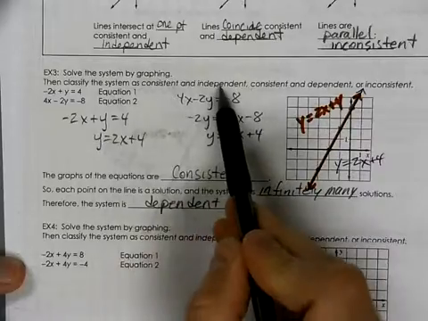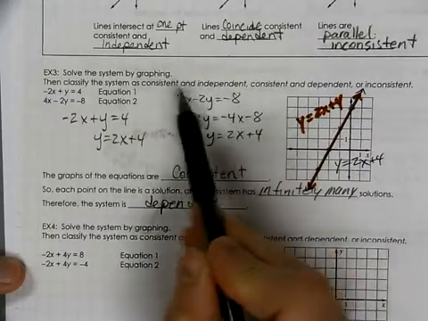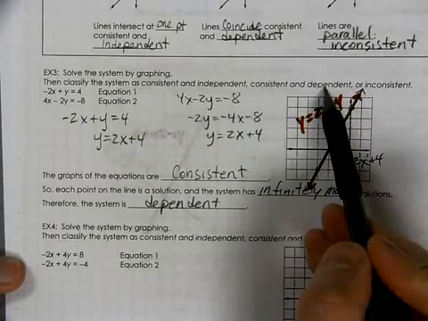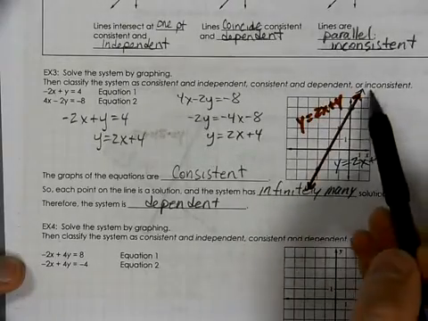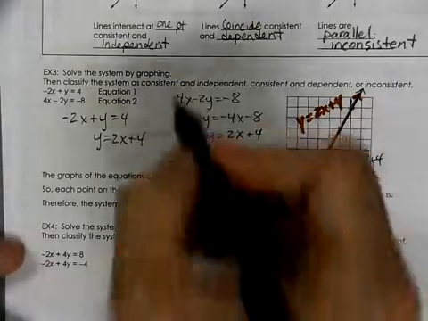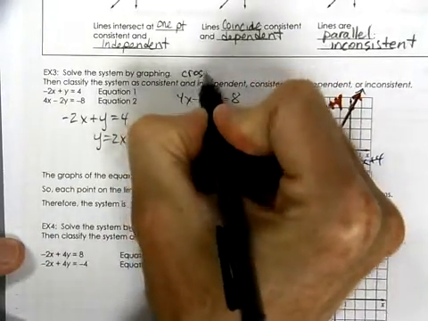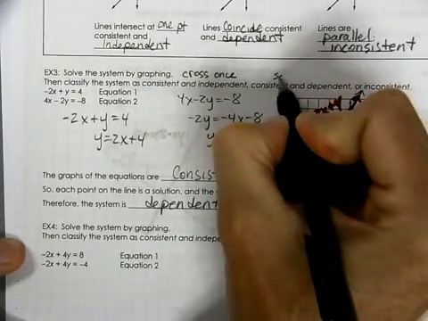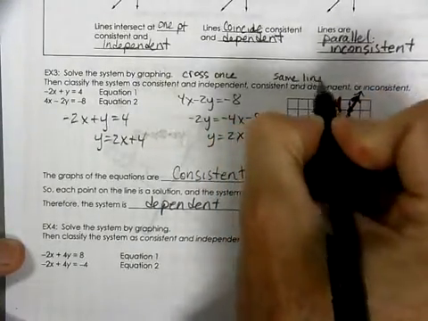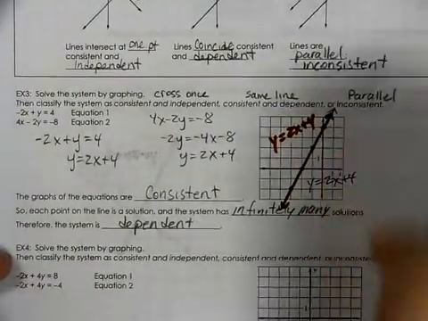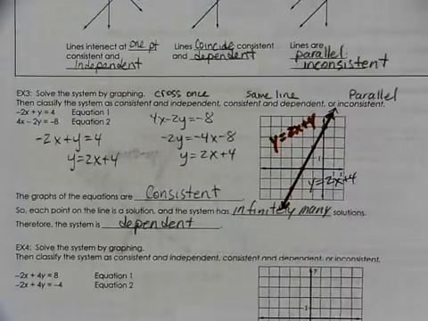Is it going to be consistent and independent, meaning it crosses at one spot? Consistent and dependent, every spot's the same? Or is it inconsistent where they're parallel? This will cross once. This is the same line. And this is parallel.